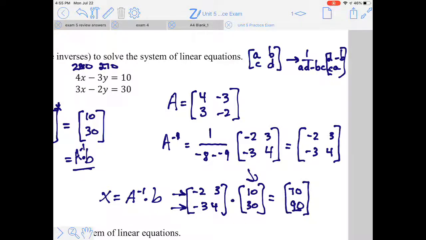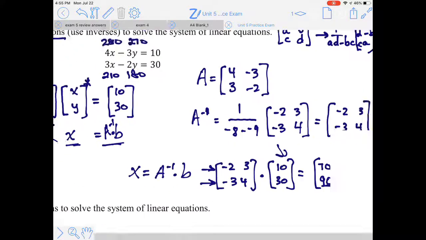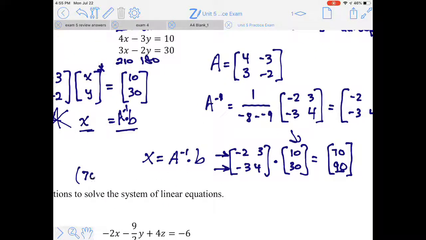So that one checks out. 3 times 70 is 210, 2 times 90 is 180, and 210 minus 180 is 30. So one final step, though, is instead of leaving your answers in a matrix, we're trying to find out what x and y equals. So it's got to be an ordered pair. So 70, comma 90, and this is what you would circle here for full points.